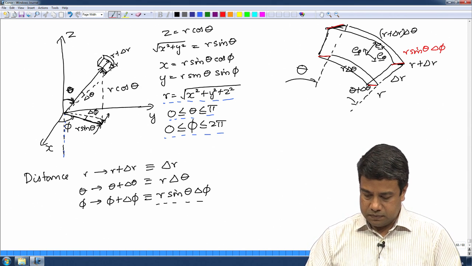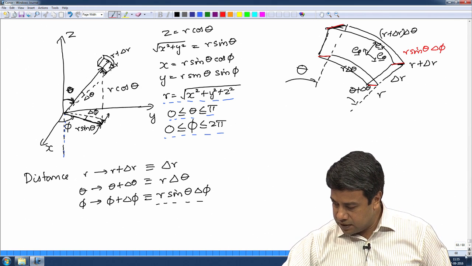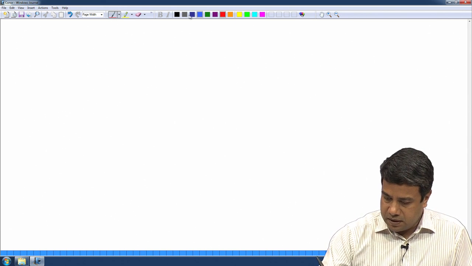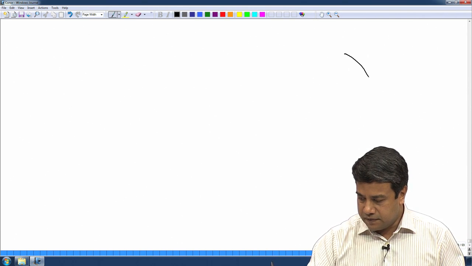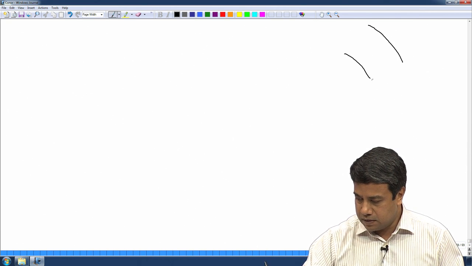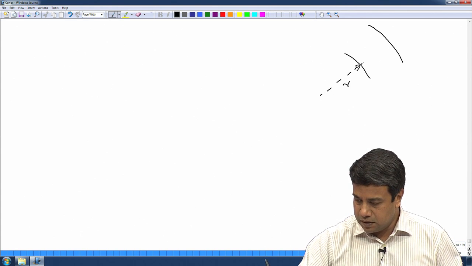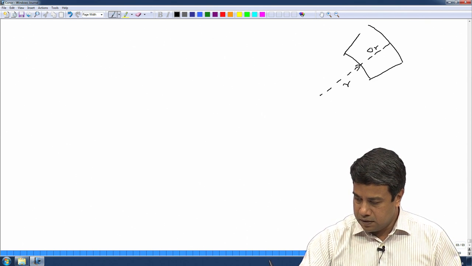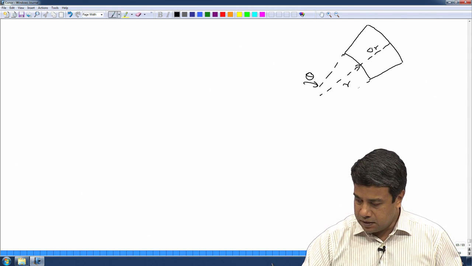Now, for this differential volume I have to write a balance equation, and in that balance equation I need to be able to identify all the surfaces first. So, the surfaces: this is at r and this distance is delta r. This is at theta and this is at theta plus delta theta.